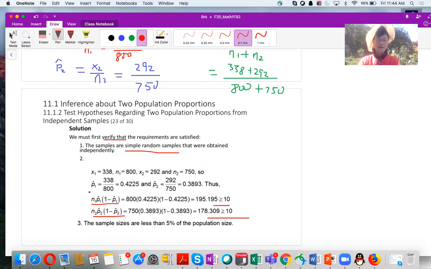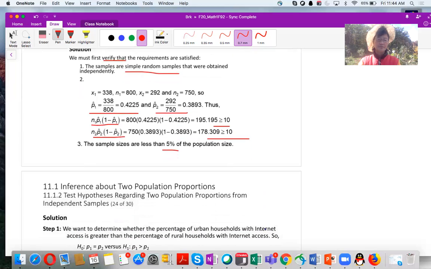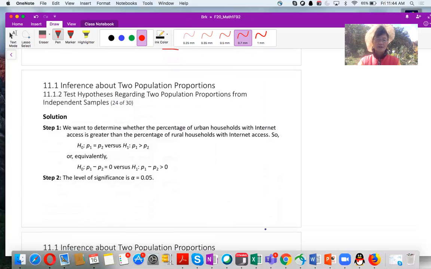Remember we calculated p1 hat and p2 hat. And the sample size is less than 5% of the population size.